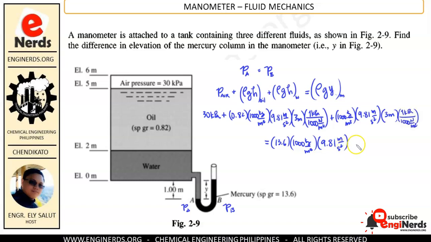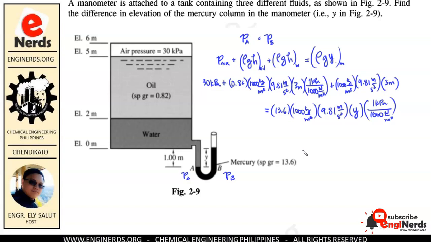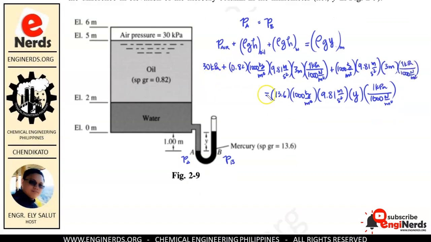And then our Y, okay, ito yung hinahanap natin. And then we will convert this into kilopascal. So 1,000 Newton per square meter is 1 kilopascal. So now we have a consistent dimension. Everything is expressed in kilopascal. So now let us solve this further.